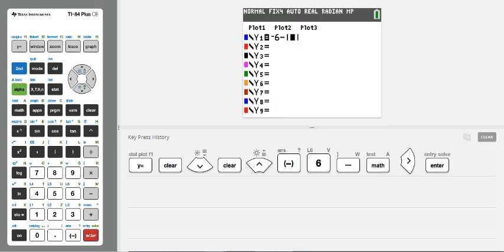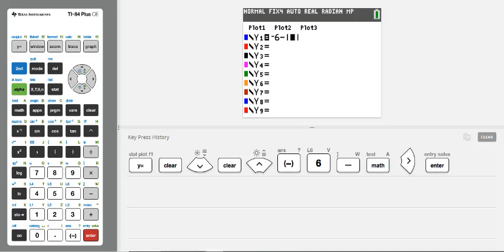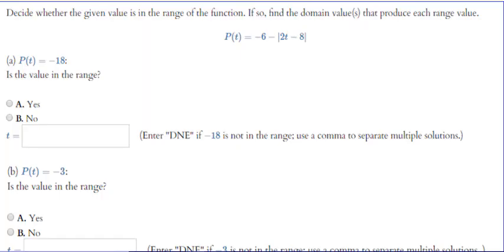Now, if you have an 83 or an older version of the 84, it may come out and say ABS. That's absolute value. Now, 2t minus 8, so that'd be 2x minus 8. Arrow out. There you go. Let's just make sure.